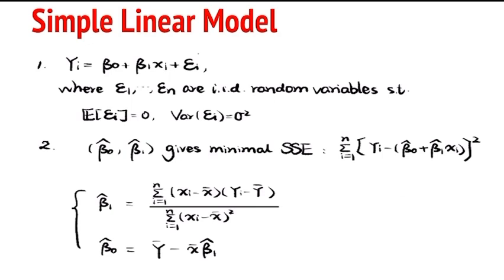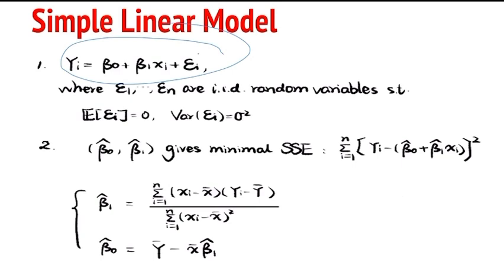Now I want to revisit simple linear regression again. This is the specification of the simple linear regression. And of course, the assumption is that errors E1 up to En are independent random variables.